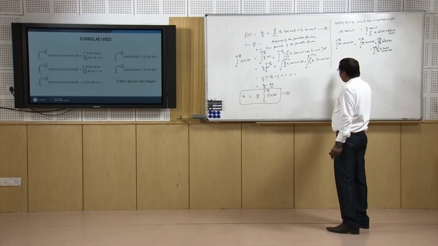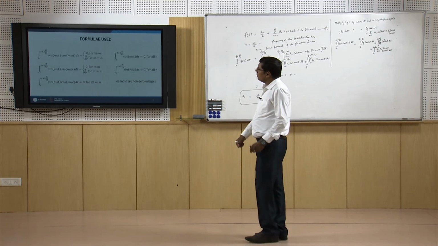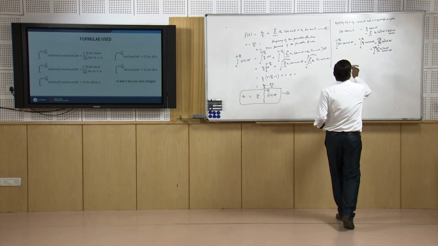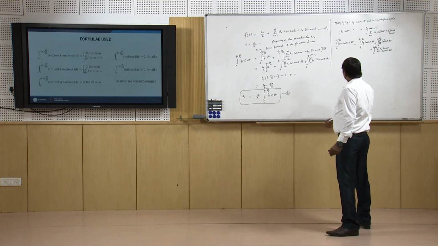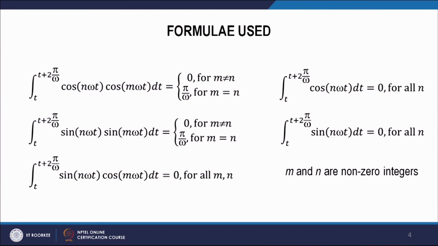Now again we will apply the formulas that we can see in the slide. a0 by 2 is constant, so we have the integral of cos n omega t dt, and for one cycle it is 0 for all n. So here we have 0.